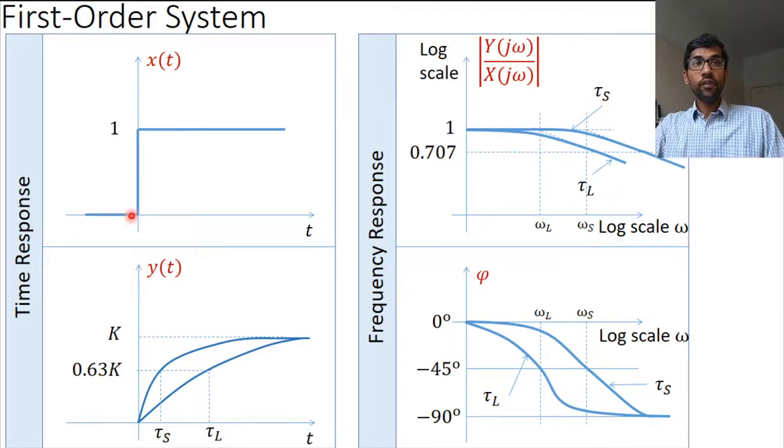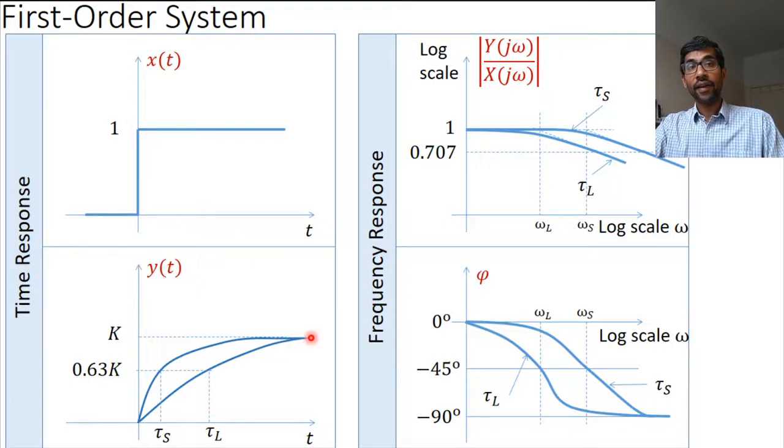So here what we are doing is we are giving to this first order system a very sudden input. So think of it as if you're taking a mercury thermometer and suddenly putting it into boiling water. What happens to the output? The output does not change suddenly as in a zero order system, but it slowly rises, and it keeps rising till at some point it reaches the final value.